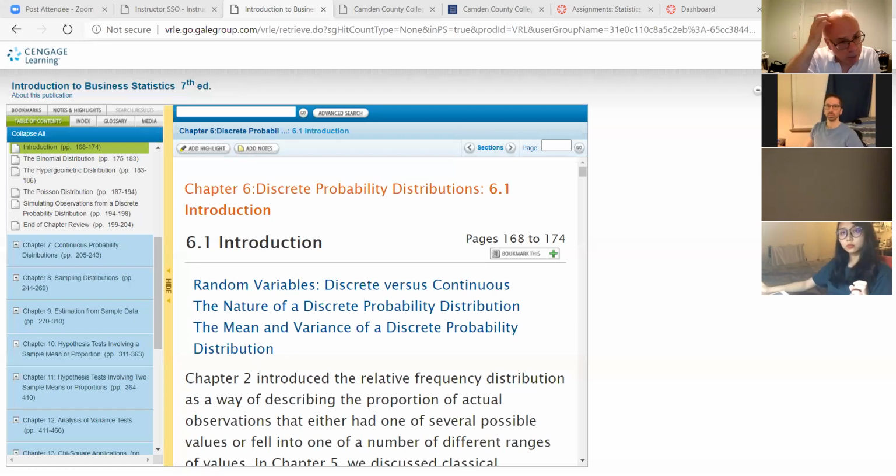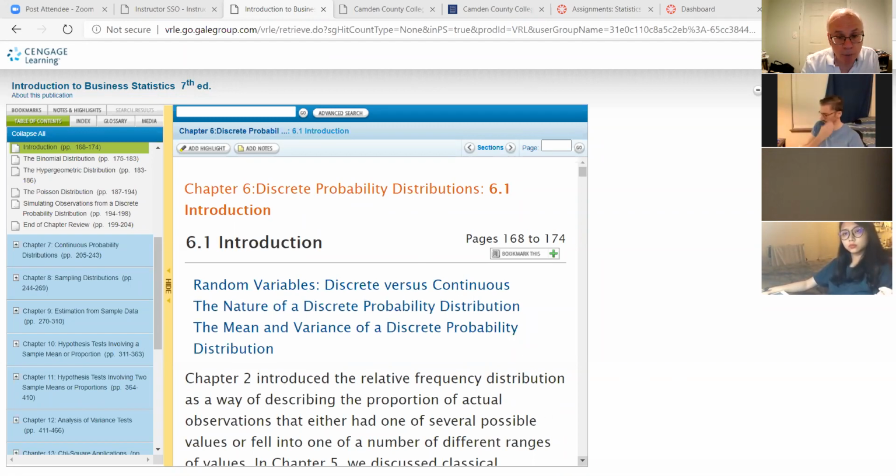All right. We're going to again look at the ebook. So chapter 6, we're going to be talking about, at least beginning to talk about, what are called probability distributions. And specifically what's called a discrete probability distribution.